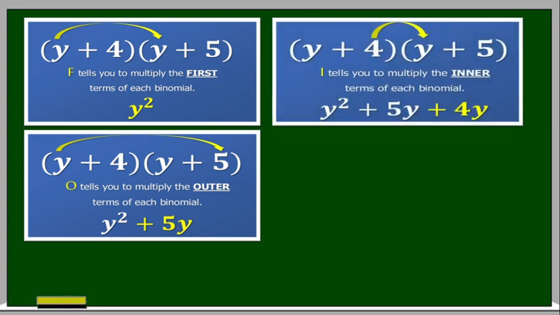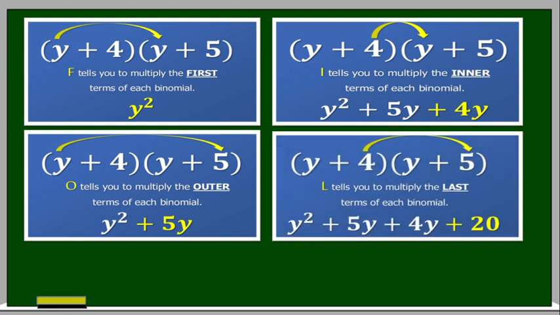Next, for the product of I, the inner terms, we have positive 4 times positive y, that is positive 4y. So we have the products of F, O, and I. For the product of the last terms, we have positive 4 times positive 5, that gives positive 20.